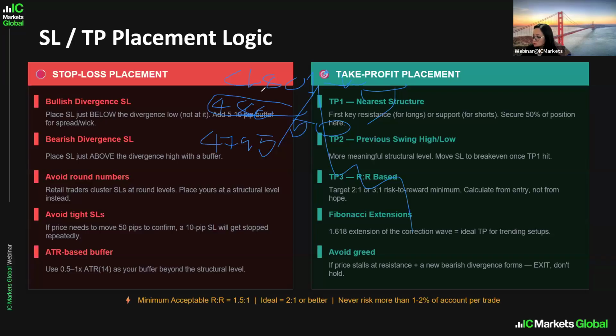You shouldn't put it at exactly 4,800, or even 4,800 plus 1. To me, I will put it at like 4,803 or 4,806 as my buffer, so that even if price goes slightly above, it will then fall from there.